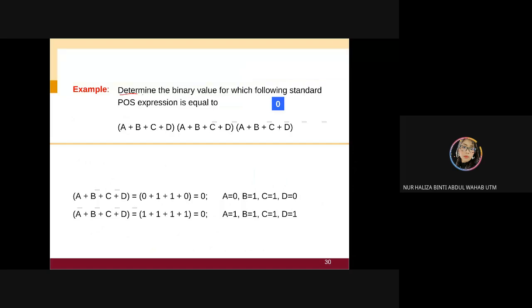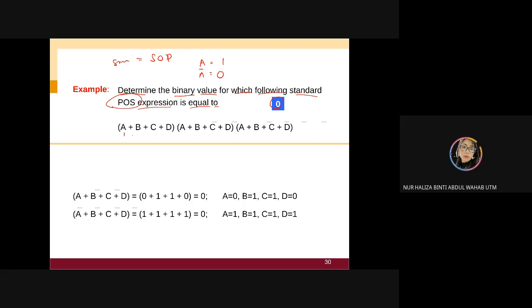Determine the binary value for which the following standard POS expression is equal to 0. Each one is going to show you and refer to 0. Similar to your SOP, if you have A is equal to 1, A bar is equal to 0.